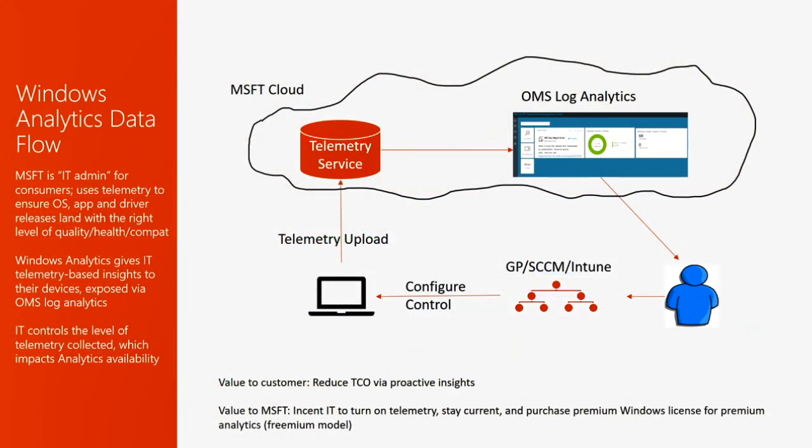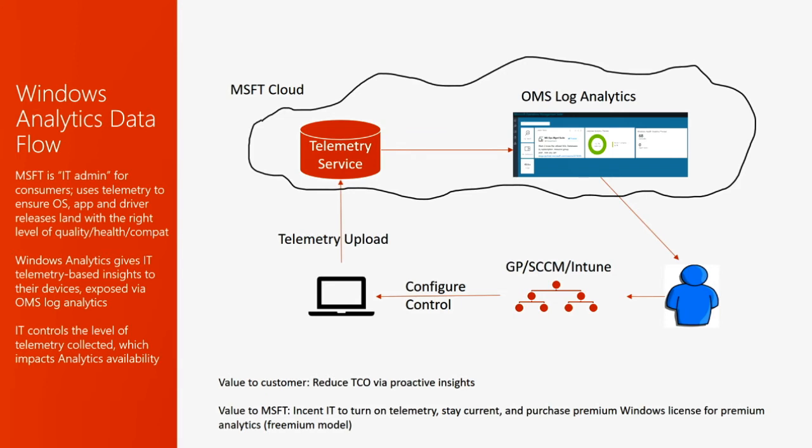Let me walk you through how this whole data circuit looks. You start off at the bottom left corner with your client machine. Once you configure it for the right level of telemetry, and you've done the network pieces to make sure that the device can talk to the Microsoft front end, the data moves over to our cloud.